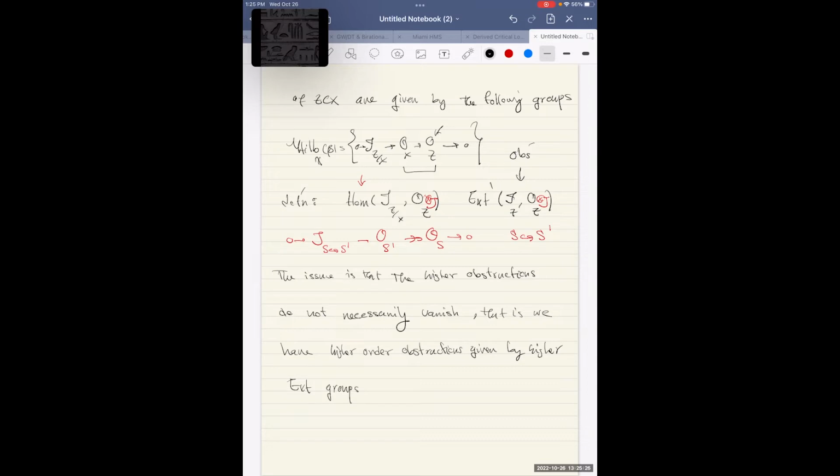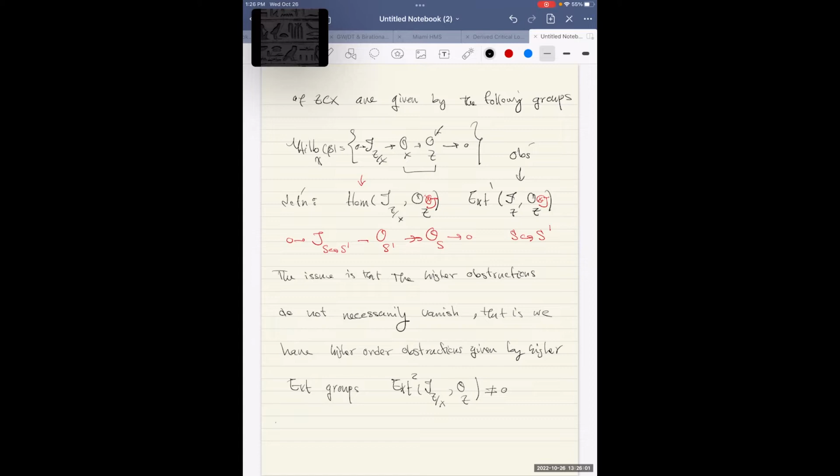And what are those things? These are, for instance, Ext2 of I, the kernel, to the quotient. You see, this is not necessarily vanishing. And because it doesn't vanish, the deformation obstruction complex will have nontrivial cohomology in degrees more than 2. So it's not going to be a 2-term perfect complex. Okay, so there is no well-defined deformation obstruction theory for the Hilbert scheme.